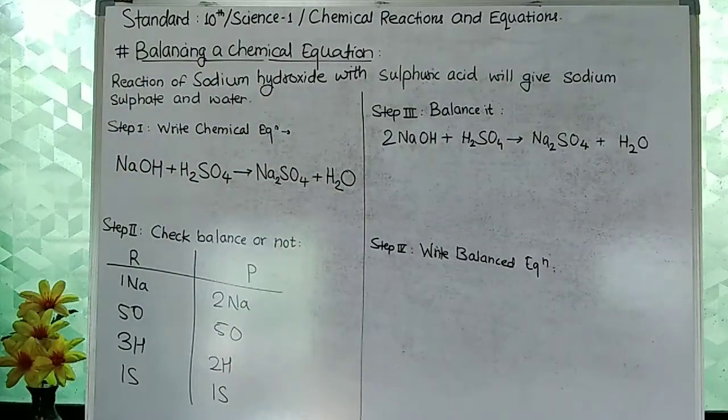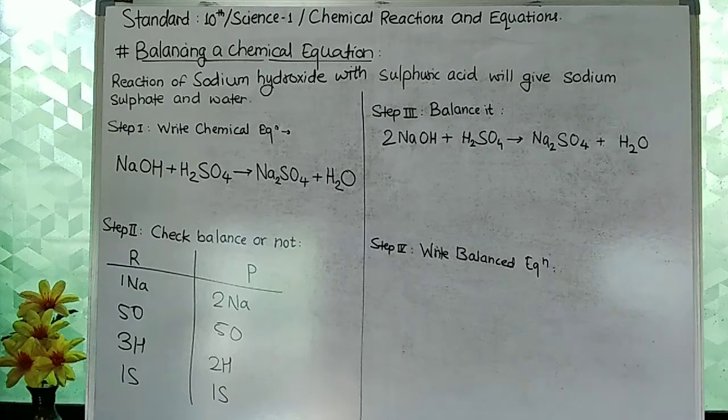But the number of hydrogen atoms, now in the reactant side you can see there are 4 hydrogen atoms, whereas in the product side there are only 2 hydrogen atoms. So now we have to balance the number of hydrogen atoms.